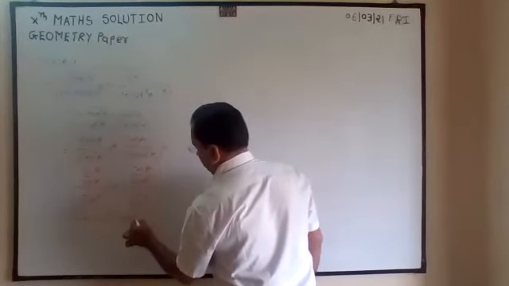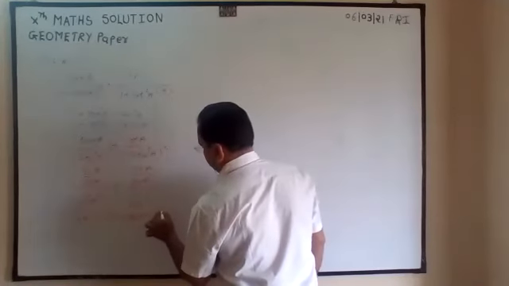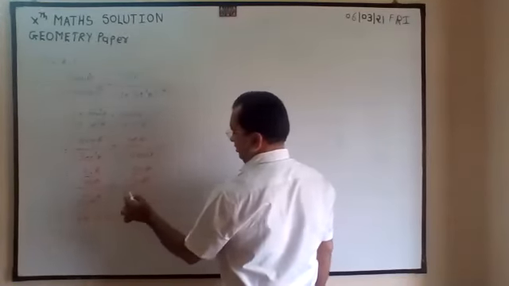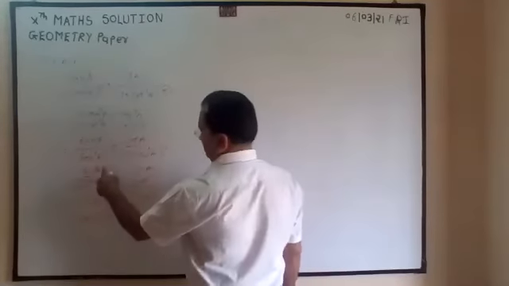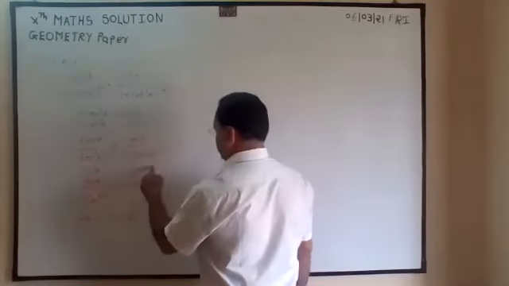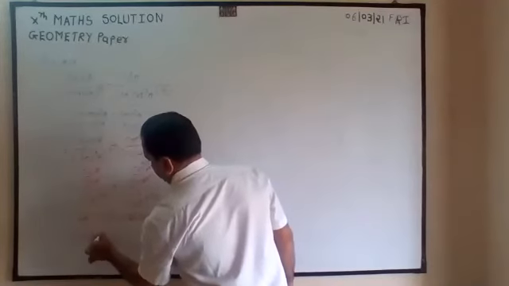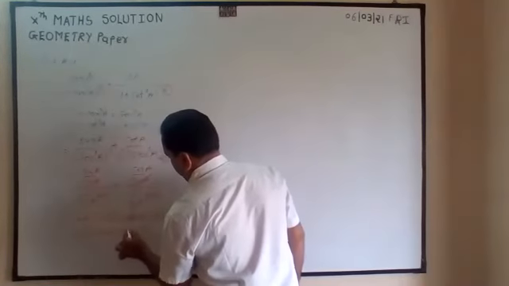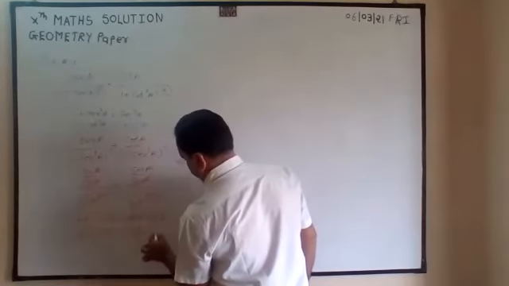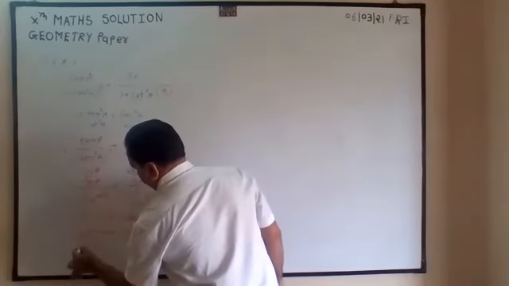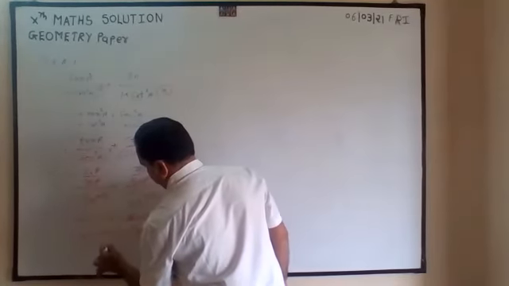Similarly, cos a dot sin cube a. One time it is cancelled, so it will be 3 power. Sin into cos raised to 3, cos into sin raised to 3. Now take sin a cos a common. It will be cos square a plus sin square a. This will be 1. So it is sin a dot cos a.